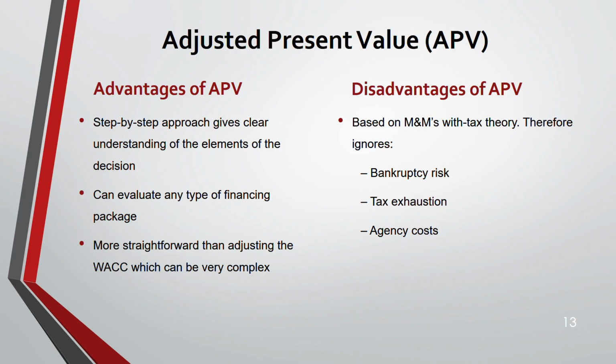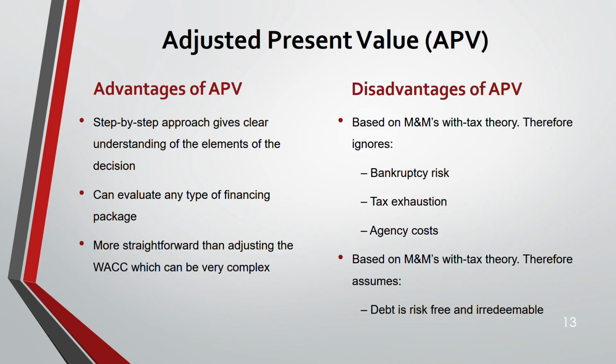All these things are ignored. For these things, theories are there, and you need to go back to the theory to understand it more. Then, based on this theory, it assumes that debt is risk-free and irredeemable. They assume it, but is it? Is debt risk-free? No, but for this assumption, they use it. And it's irredeemable. But in the practical world, it's not.